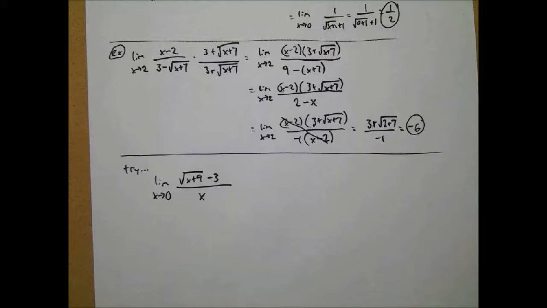And the outer term, positive 3 times root x plus 9, so you get positive 3 root x plus 9. Well, then the inner term will be negative 3 root x plus 9. So you have positive 3 root x plus 9 and negative 3 root x plus 9. They'll cancel out. The middle term goes away. And the last, negative 3 times 3 is negative 9. So it'll be x plus 9 minus 9.